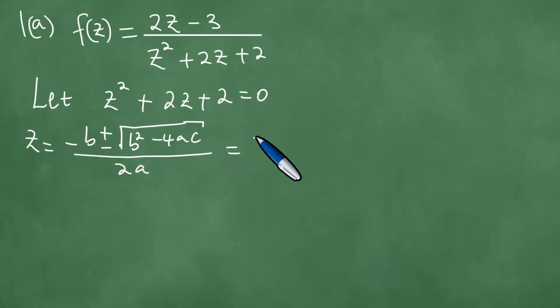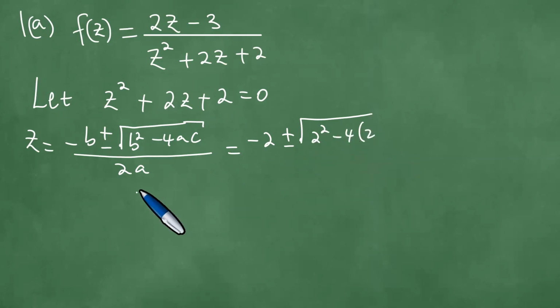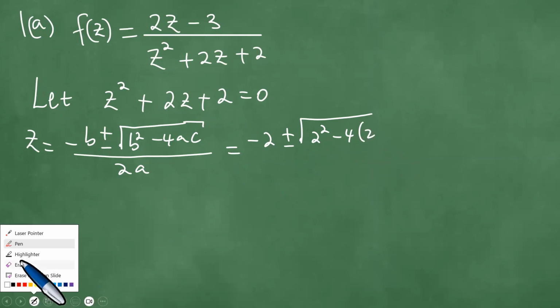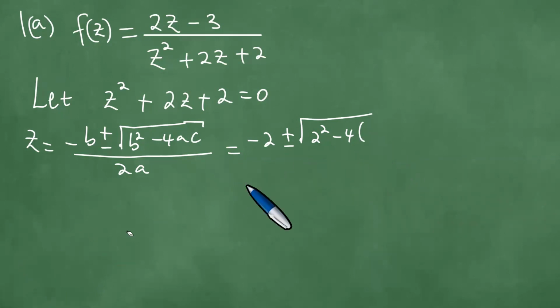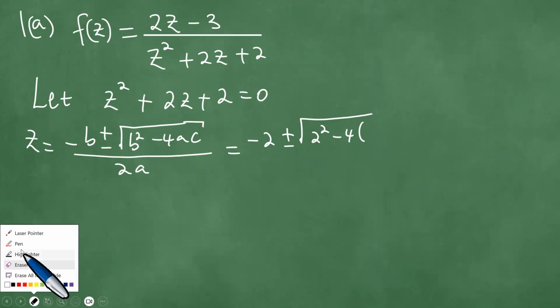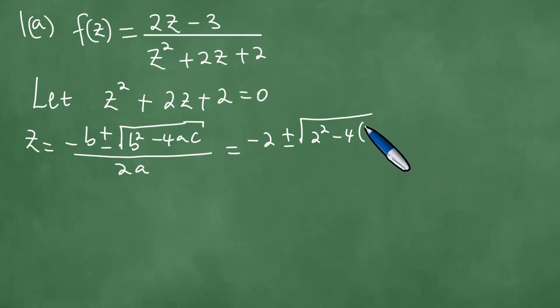And this is minus b, which is minus 2, plus or minus the square root of b squared, which is 2 squared, minus 4ac. Here a is 1, c is 2, divided by 2a, which is 2 times 1.